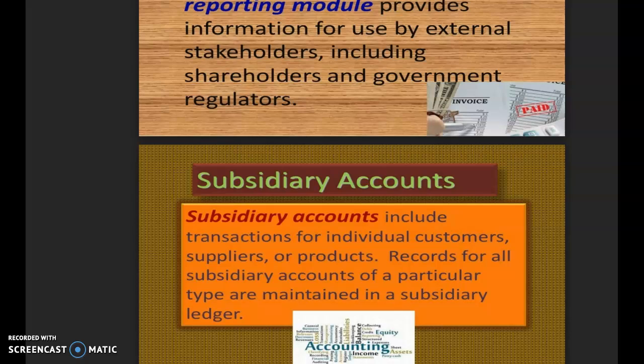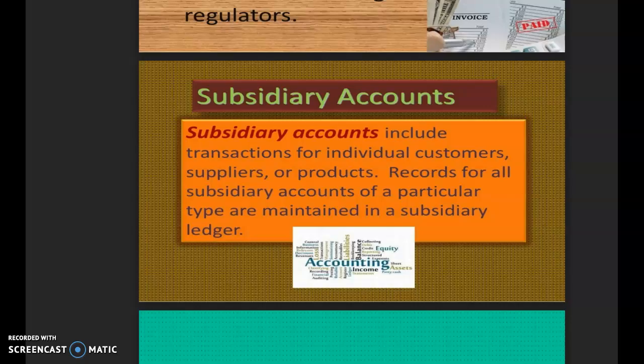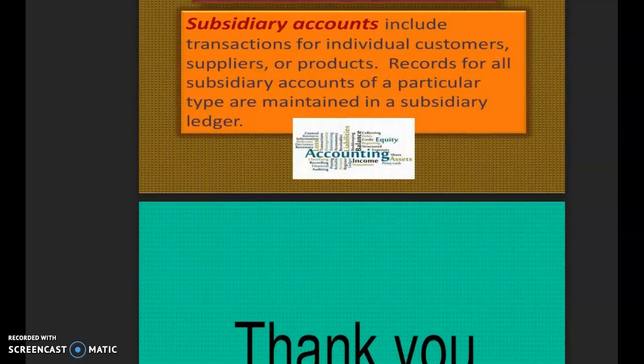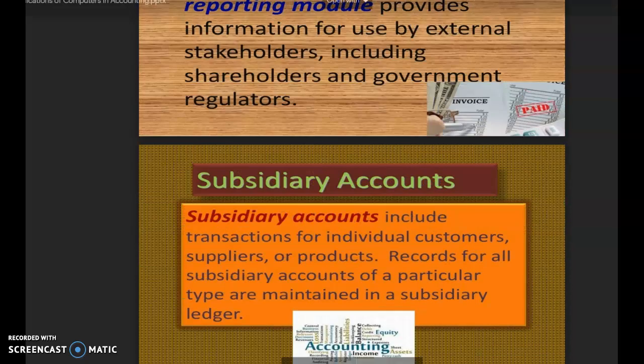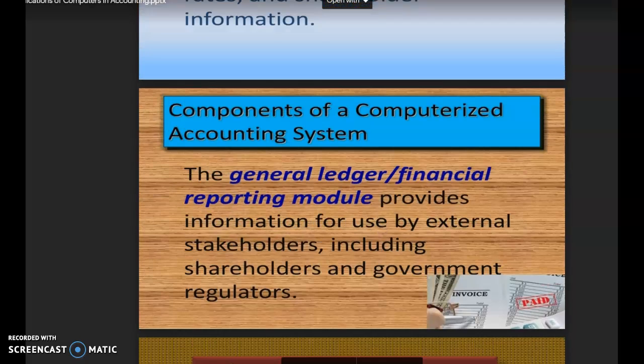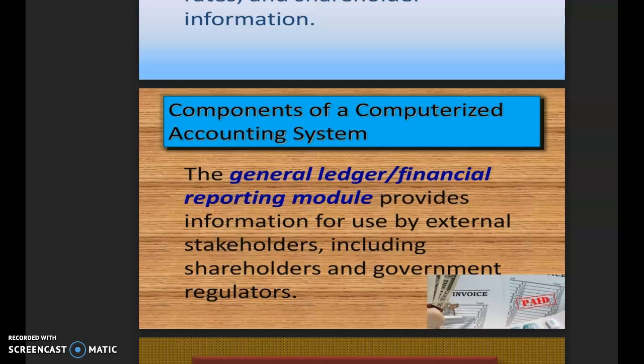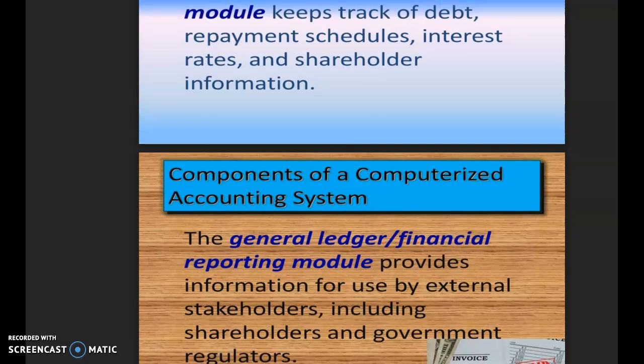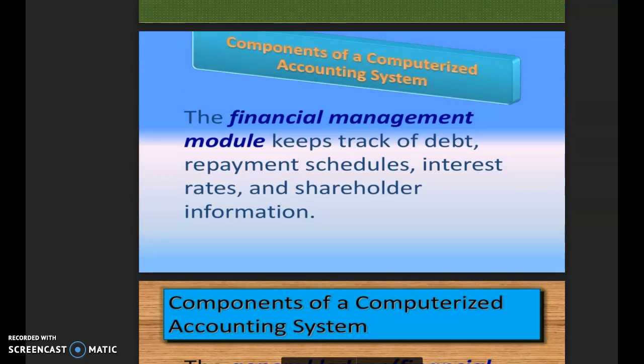So AIS or the computerized accounting system also helps in the maintenance of all that information with reference to the subsidiary accounts. This way we have learned how the AIS or computerized accounting system helps in the maintenance of the various components or parts, and plays a very significant role in every organization.